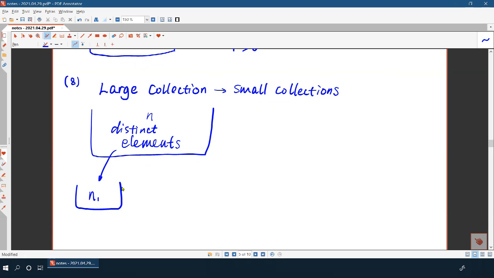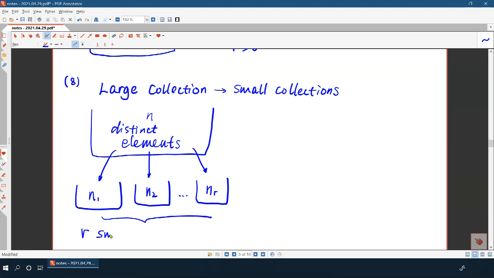The sizes of the small collections are n1, n2, etc., and nR. These are called R smaller collections.